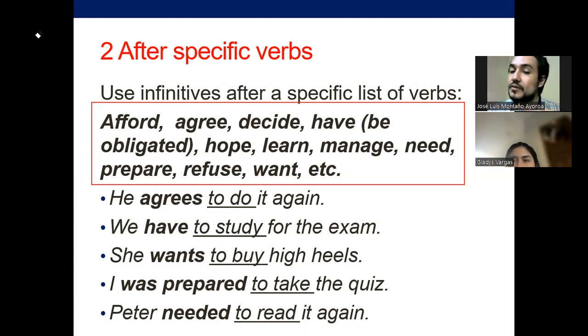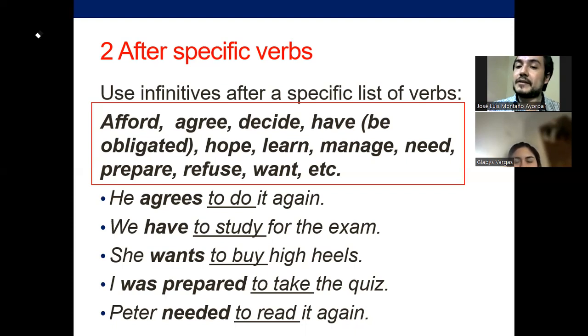So again, if you use manage with infinitive, it means that you did things that you perhaps wouldn't expect that you had done, but you did it in order to achieve something. The idea of manage in this way is to do some things to achieve something that you want. And one last example could be they managed to be on time even though they left their homes late.